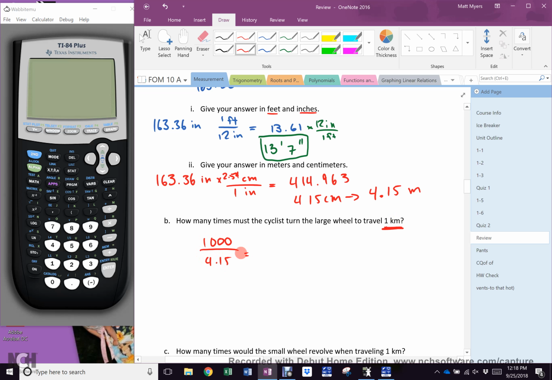And what do I get? 240.96. So I got to go at least 241 turns, don't I? 241 turns.